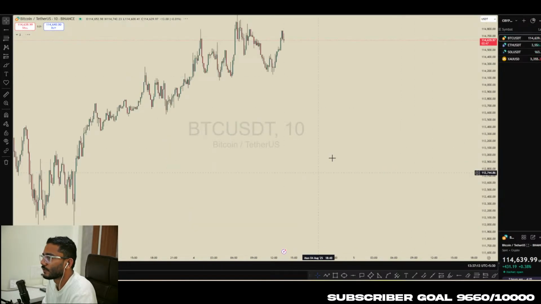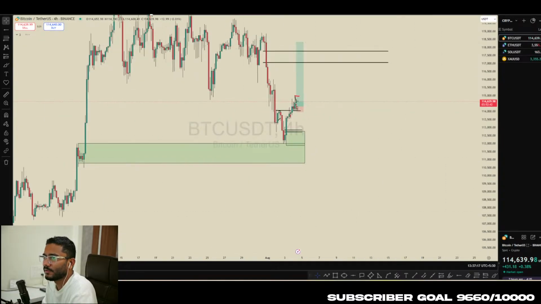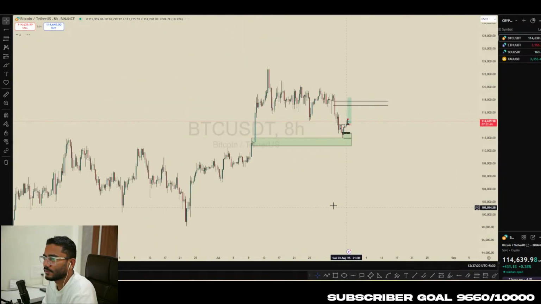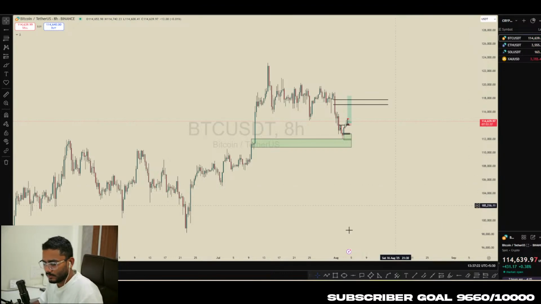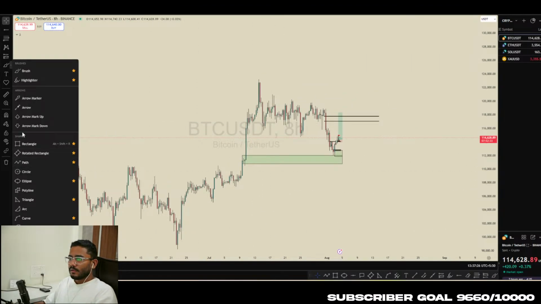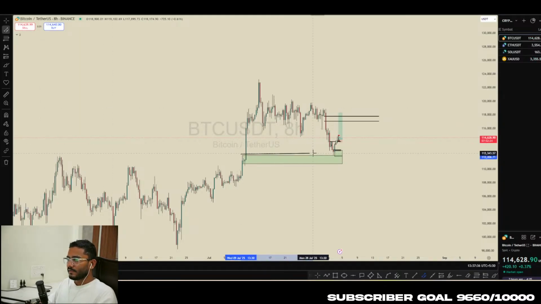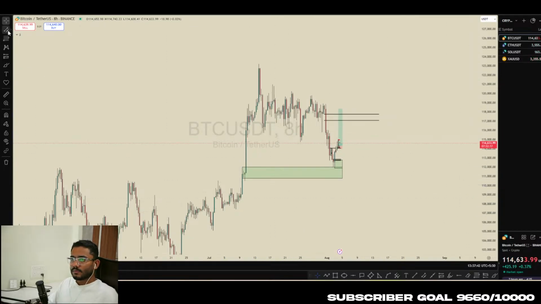BTC. On BTC, if you understand the structure, price created this imbalance. Price has created this imbalance, and right here price has created this imbalance.